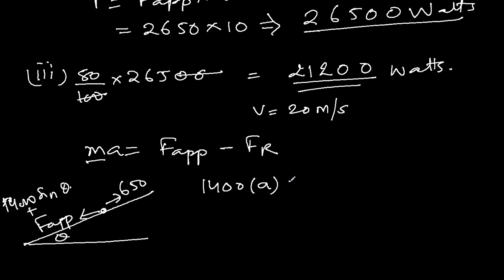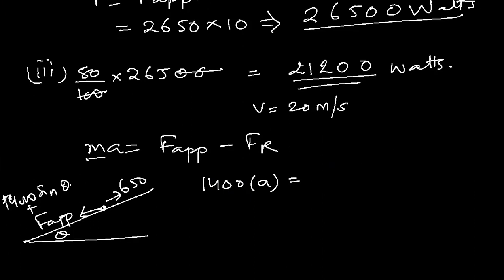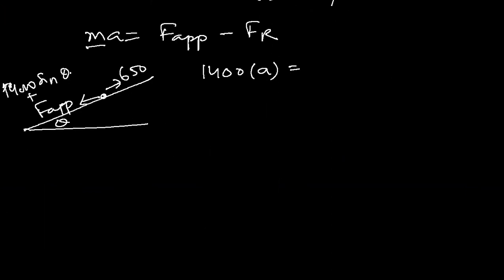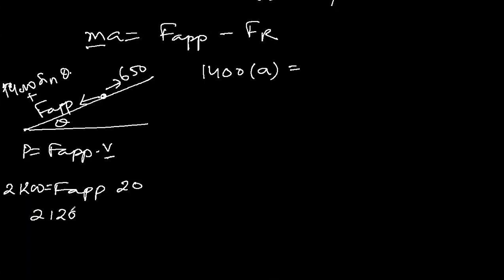Acceleration we want to find out. For the applied force we'll have to calculate again. Power is applied force times speed at that instant. So speed is 20, applied force we want to find out. Power we know, 21,200. So 21,200 divided by 20 becomes the applied force.